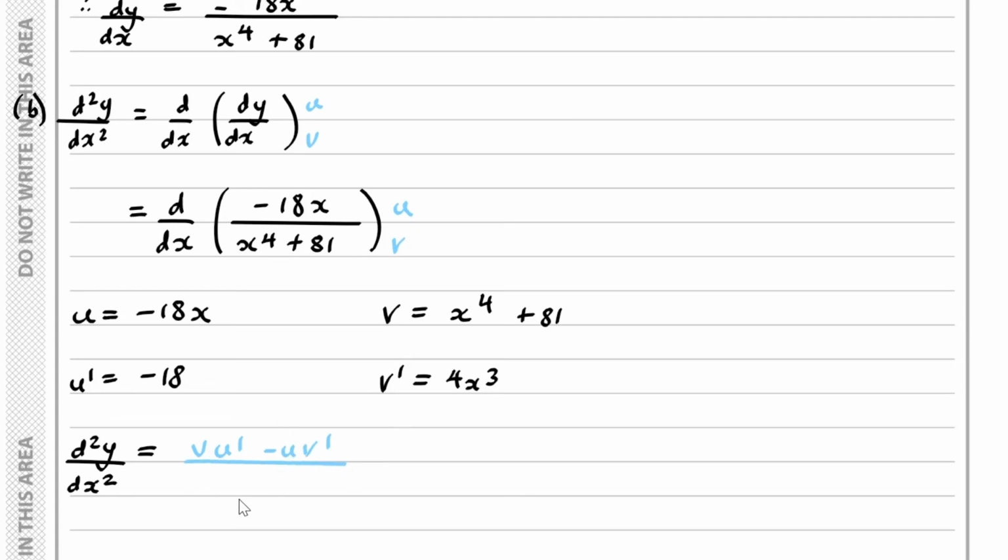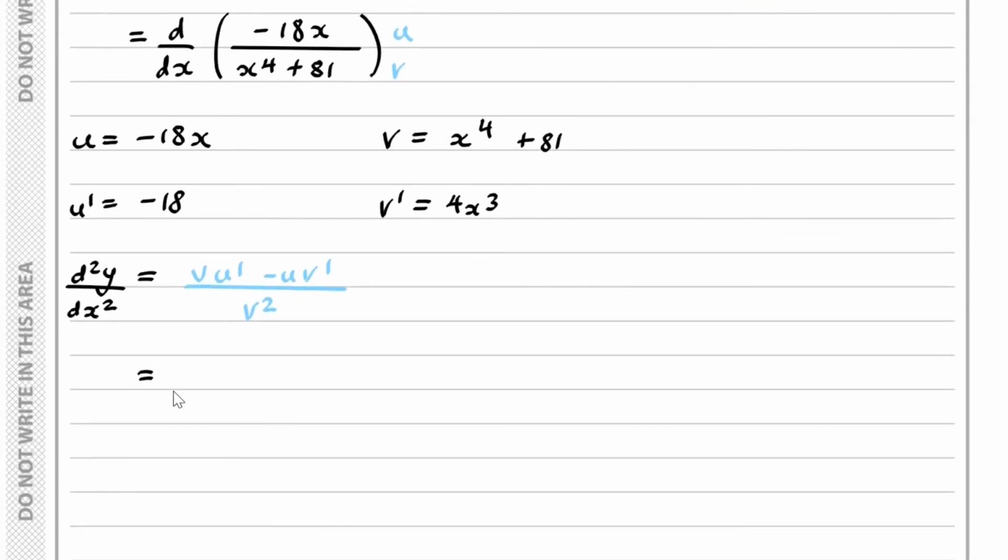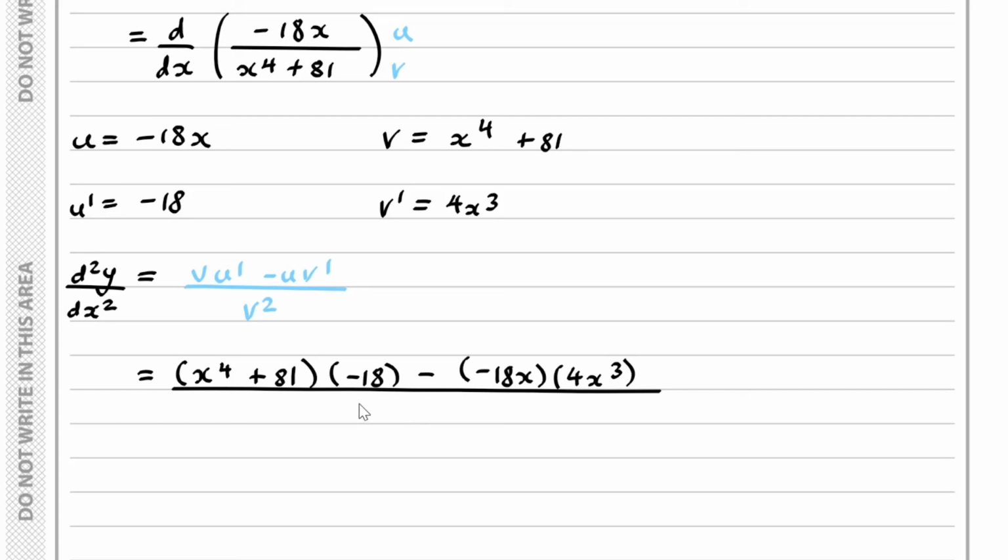It's in the formula book somewhere. So we have v, that's x to the 4 plus 81, times by u dash, which is minus 18, minus u, which is minus 18x, times by v dash, which is 4x cubed. And then we divide this entire result by v squared. So we divide by x to the 4 plus 81 squared.